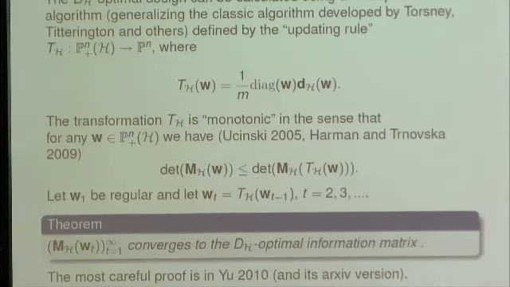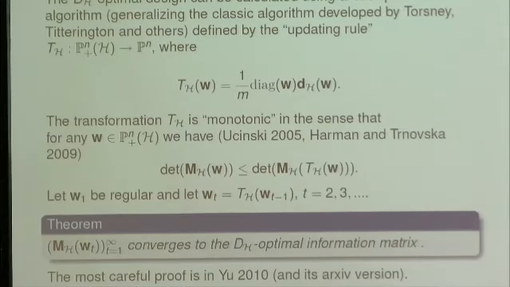That is, it's monotonic in the sense of increasing determinants of the information matrices. And we can generate designs. We need to start with a regular design and then generate designs W2, W3, and so on by just application of this updating rule TH.